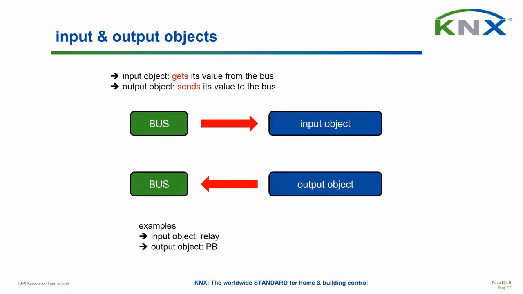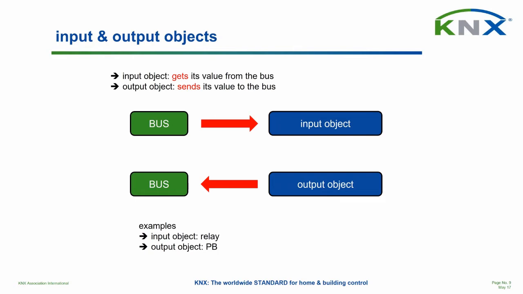Well, and the typical examples, again within the context here. An input object is typically a relay, because the status of the relay is something that we will update from the bus.